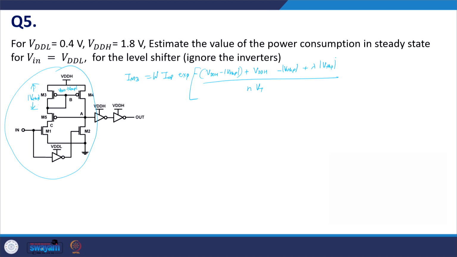This is the current IM3. Now, for IM4, it is the voltage VA, which is its VDS. VGS minus VTH is the same.